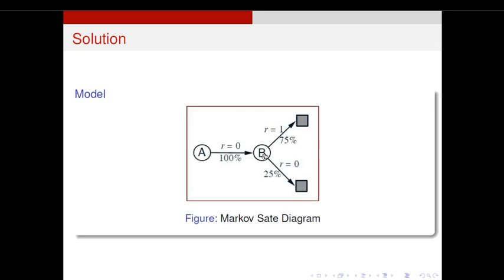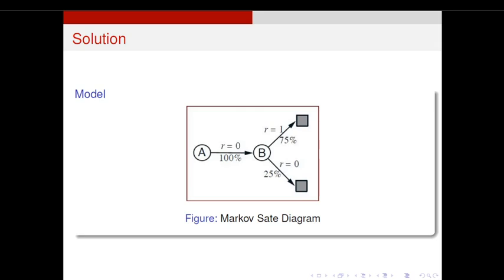For this case I take alpha equal to 1 and gamma equal to 1. In that situation I got V of A equal to 0.75. So we got the state value of B equal to 0.75 and the state value of A equal to 0.75.